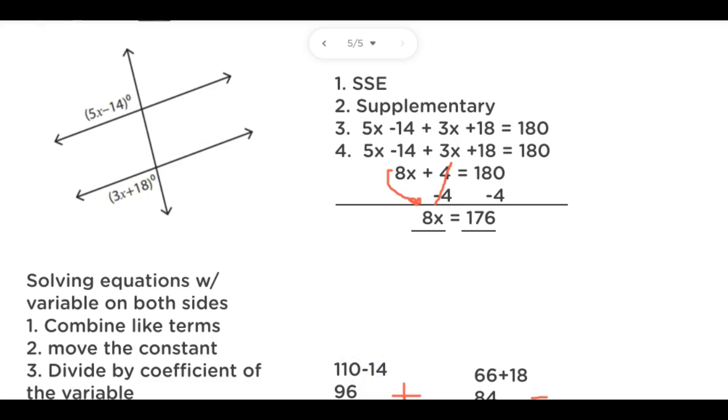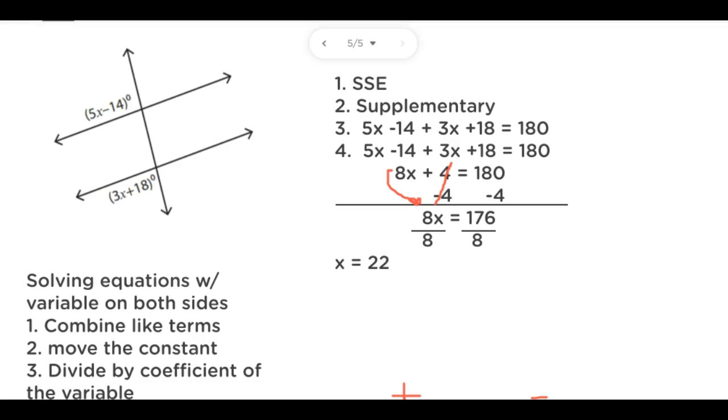Now, what is the coefficient of the variable? Please note that the coefficient of the variable is 8. It is not 8x, it's 8. So we want to divide both sides by 8, and that gives us x equals 22.